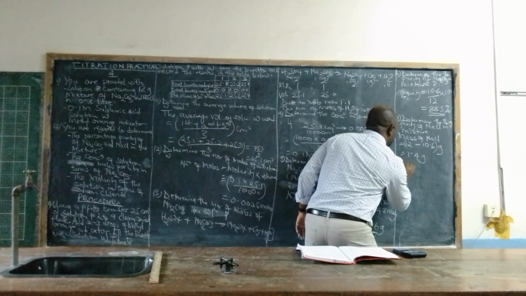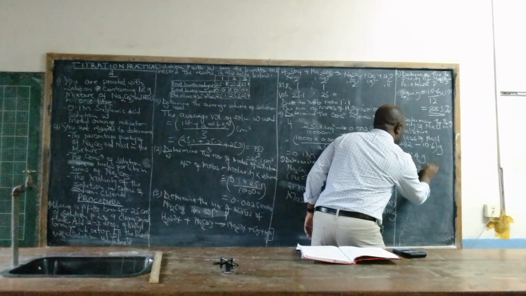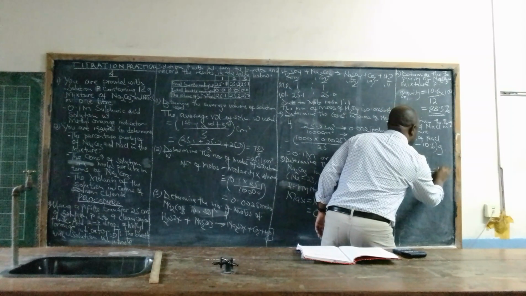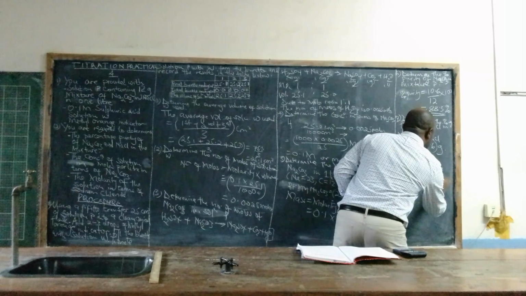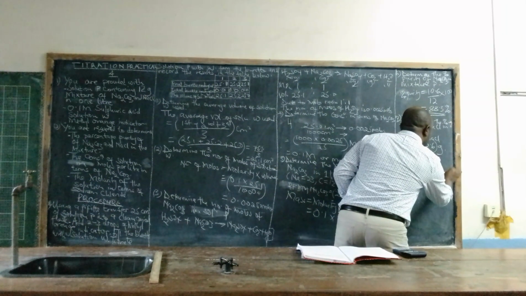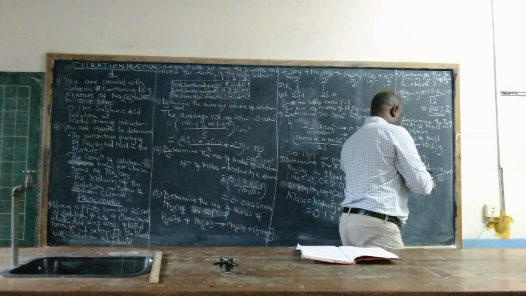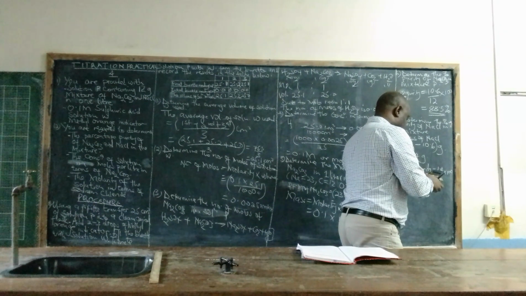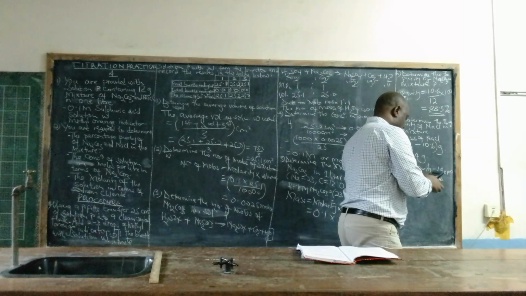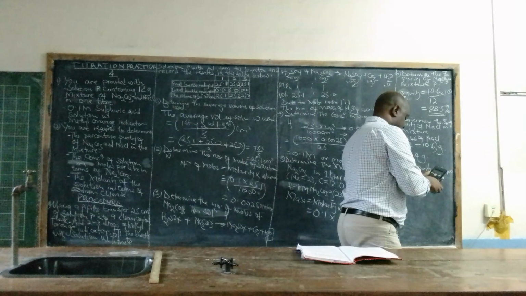Percentage purity is equal to 1.4 over the overall 12 grams times 100, which is going to give us 1.4 times 100 divided by 12.